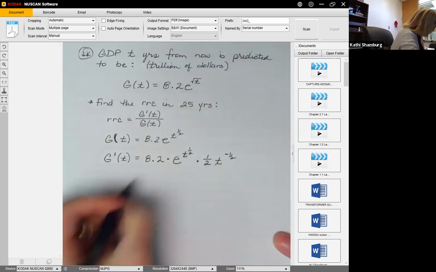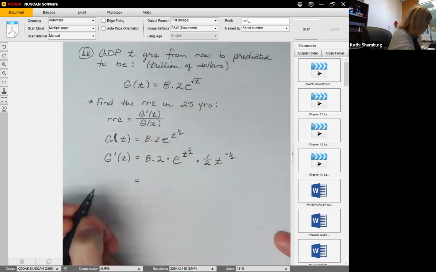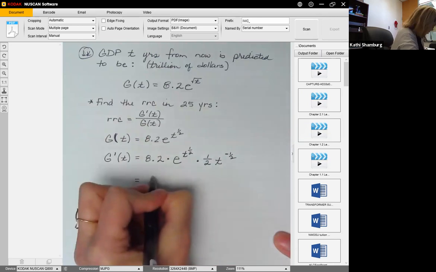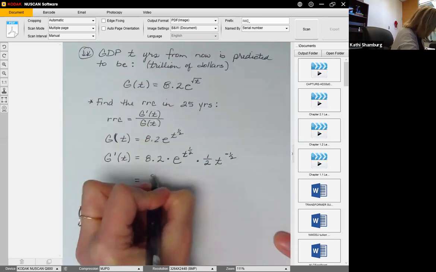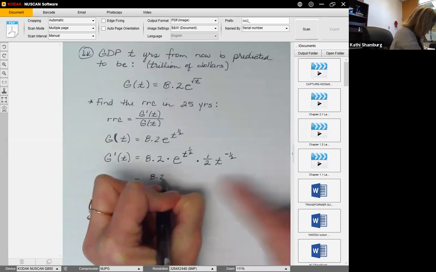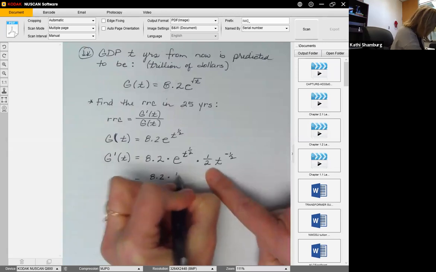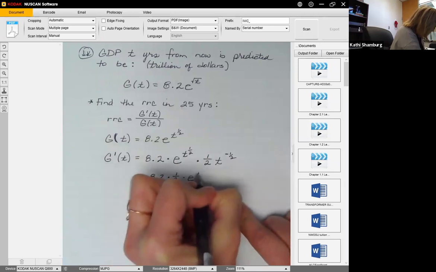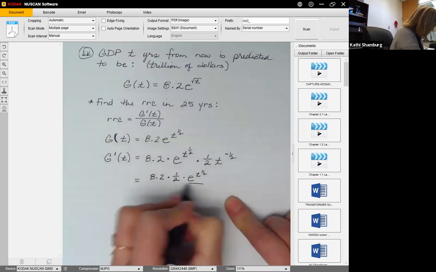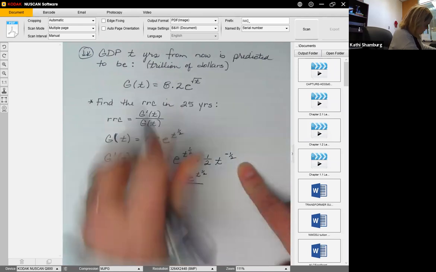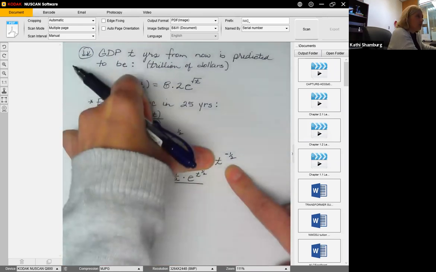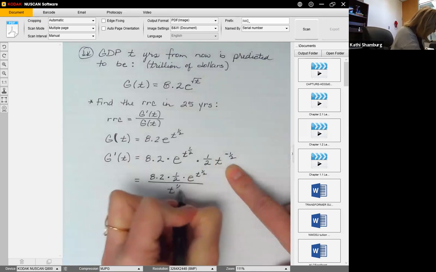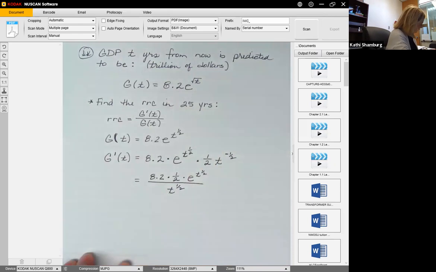Okay. So now I'm going to clean this up a little bit. So we have 8.2. I can multiply that times 1/2. We have e to the t to the 1/2. And since this has a negative exponent, I'm going to bring it to the denominator.